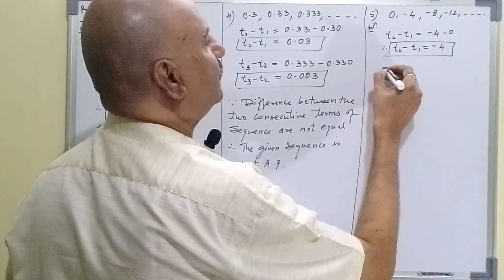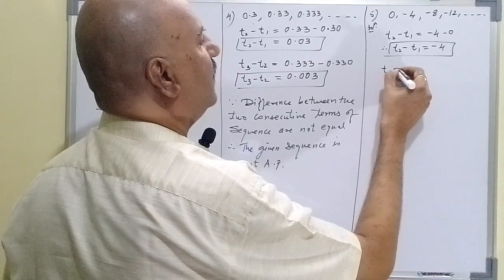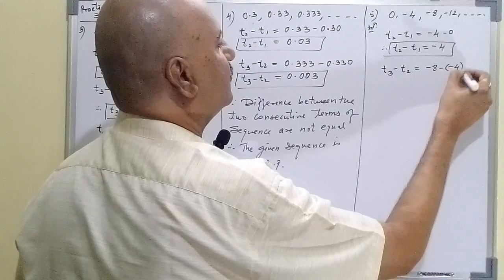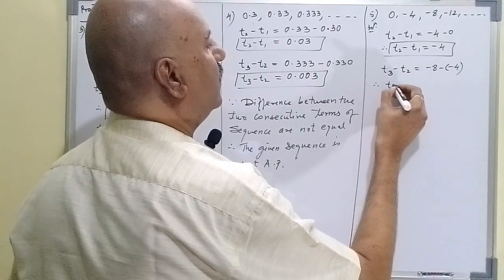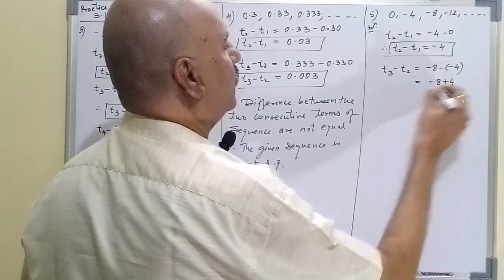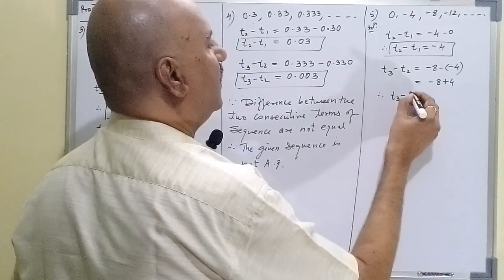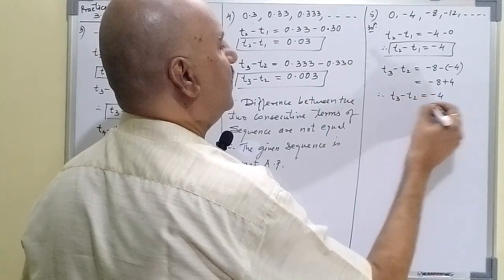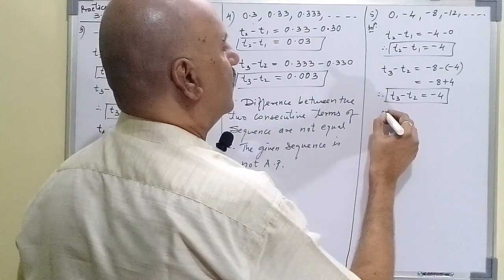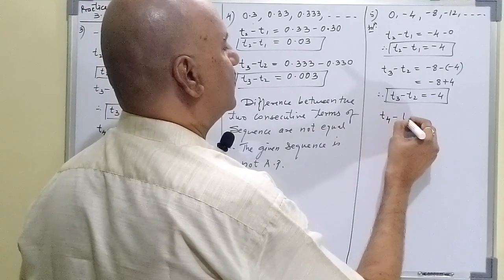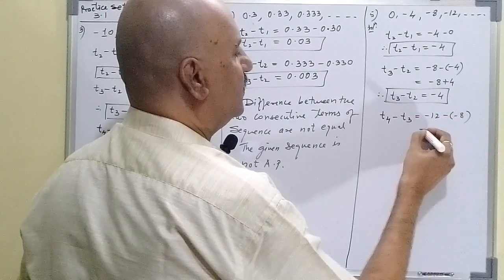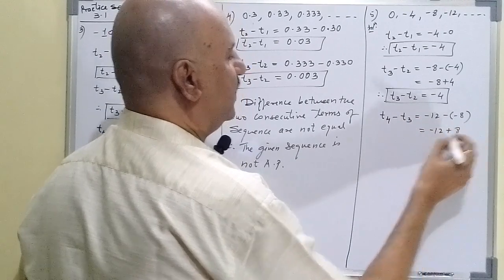Then now T3 minus T2 is -8 minus of -4. Therefore, write one step, then again -8 plus 4. Therefore T3 minus T2 is again -4. T4 minus T3 is -12 minus of -8. So this is -12 plus 8.